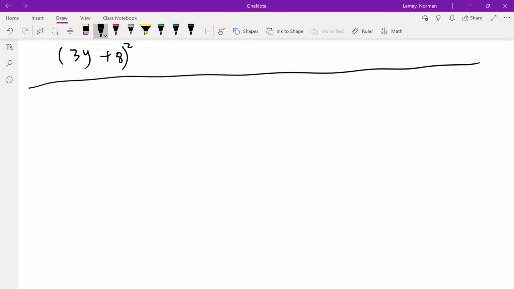So let's take a look at 16p to the 4th minus 88p cubed plus 121p squared. Okay, so notice that before we were looking at things in the form of ax squared plus bx plus c, and I think we can all agree that this does not appear to be that way.